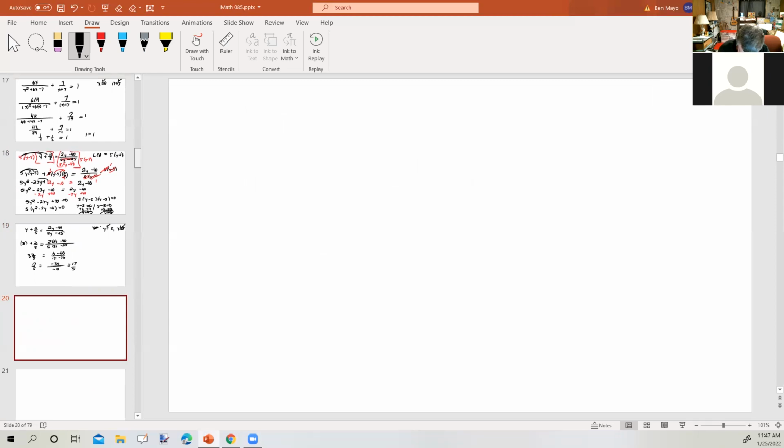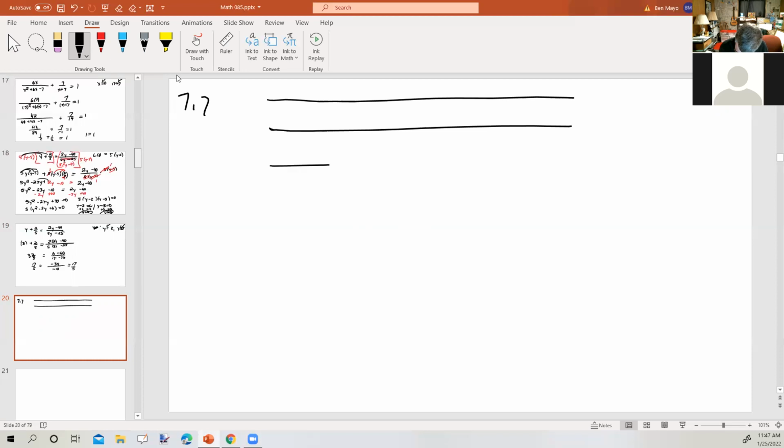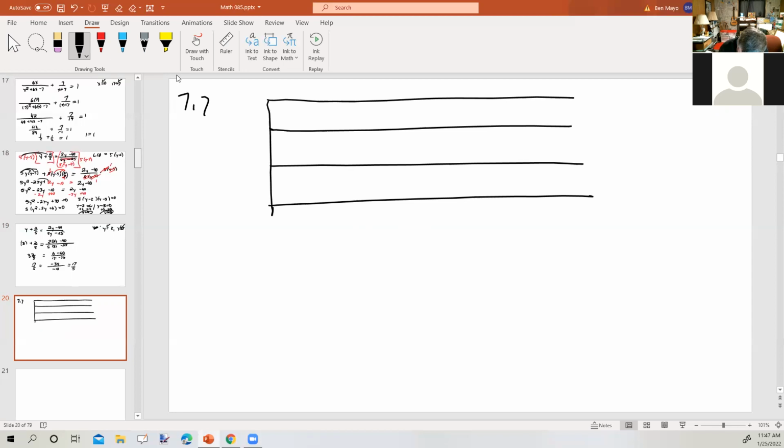All right, let's take a look at section 7.7. First of all, I want to look at some tables, and it's actually going to take longer to write out the table than it is to complete it, but it's important to see what's going on here. Okay, so this says snowmobile.